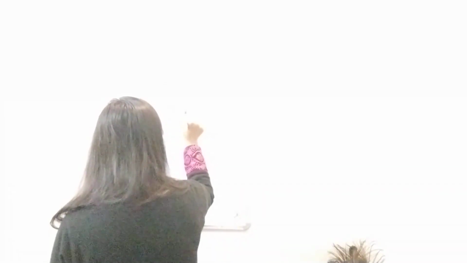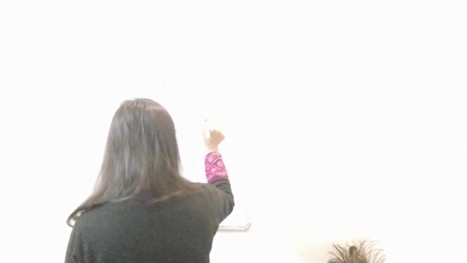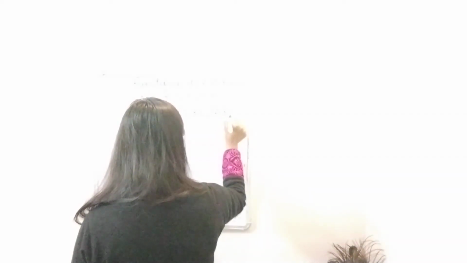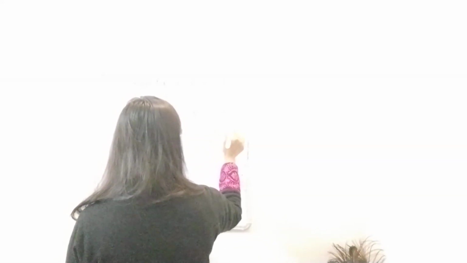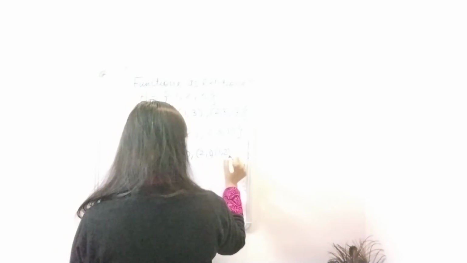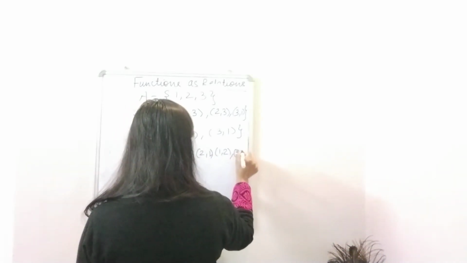F equals {(1, 3), (2, 3), (3, 1)}. Then G equals {(1, 2), (3, 1)...}. H equals {(1, 3), (2, 1), (1, 2), (3, 1)}.